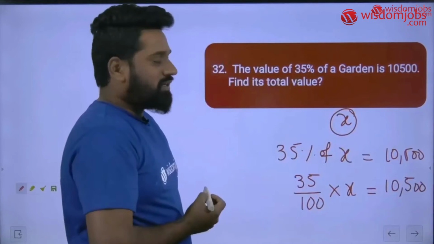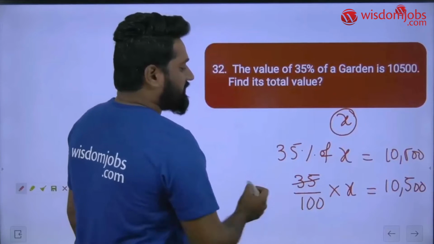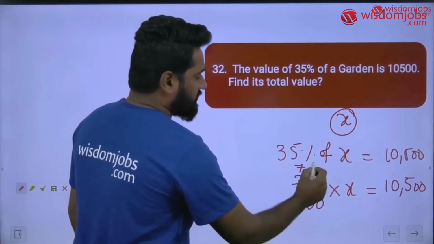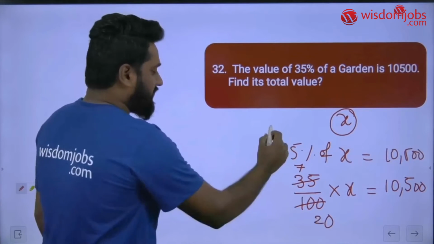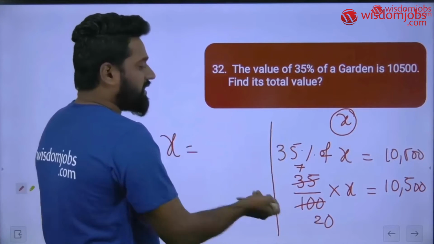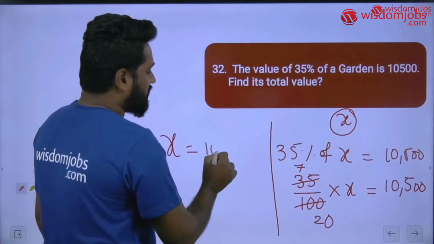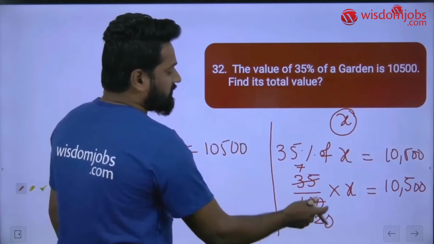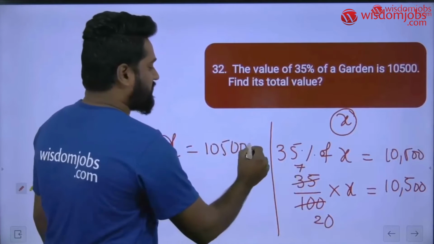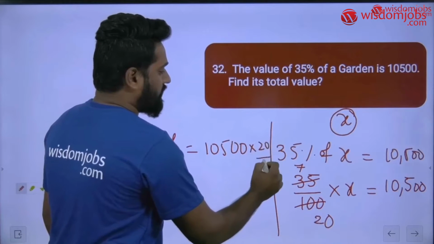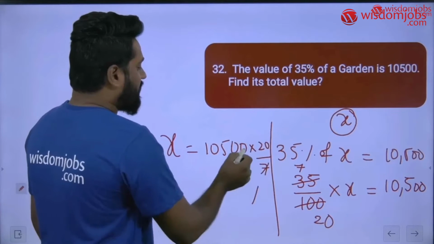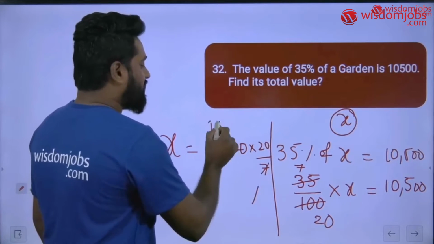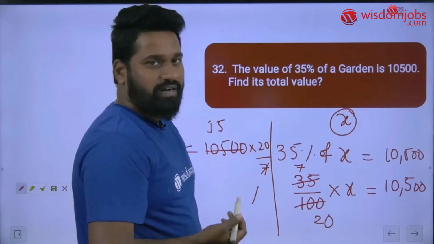This is given. So this is exactly cancelled by 7. 5 7s are 35, 5 20s are 100. And your x can be written as what? If you take it here, it becomes reverse, that is 10,500, and this 7 by 20 becomes 20 by 7. Is it clear? Now we can cancel. 7 1s are 7, 7 5s are 35, that is 15 7s are 105.